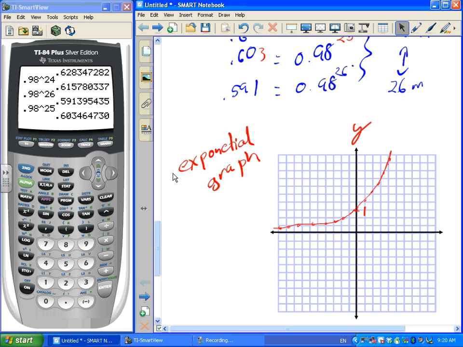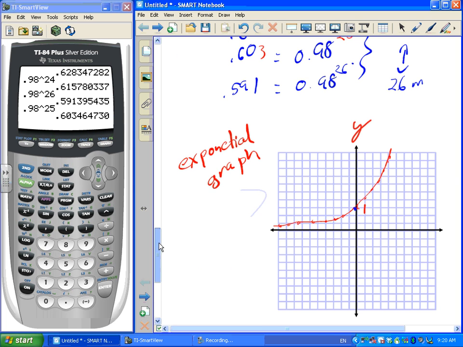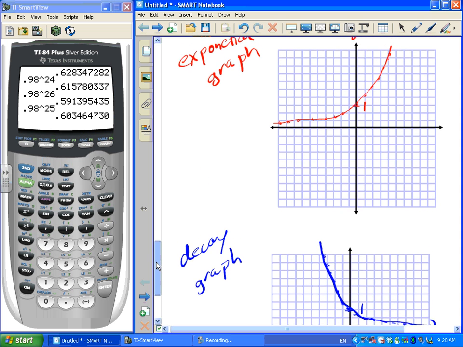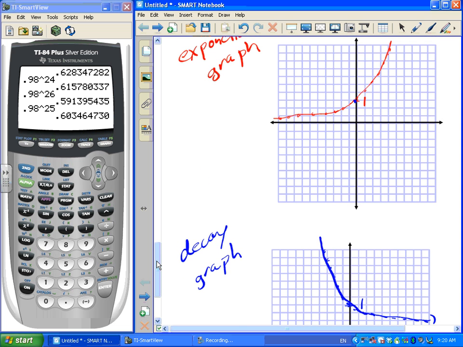All right, gentlemen, just as a recap, this is exponential growth. This is an example of what the graph will look like. At y, it's most likely going to be crossing at 1. And an exponential decay graph is going to look like this. Two very different graphs for growth and decay.